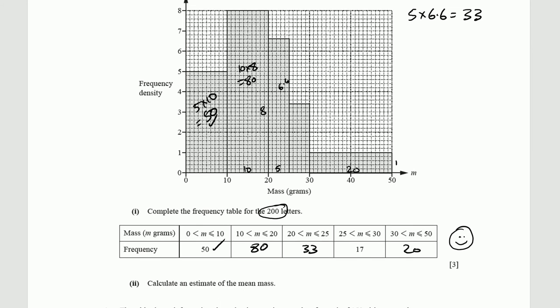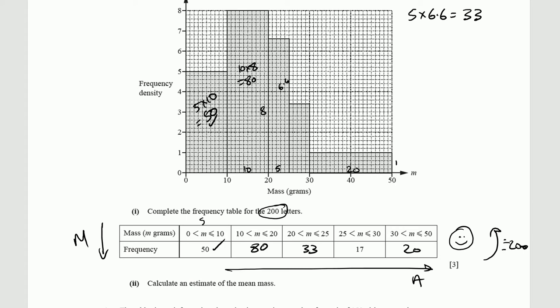Now for an estimate of the mean, we have to do exactly what we did with the first question. We've got to multiply, add those results up, and then I've got to divide by the total frequency, which is 200. Once again, I have to start by finding midpoints.